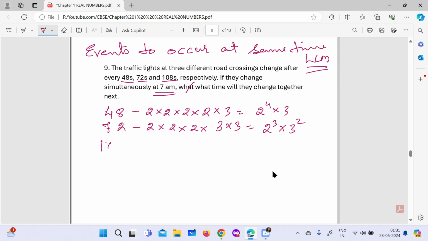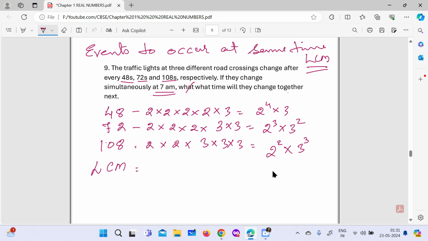And then 108, which is 2 times 2 times 3 times 3 times 3, which is 2 squared and 3 cubed.